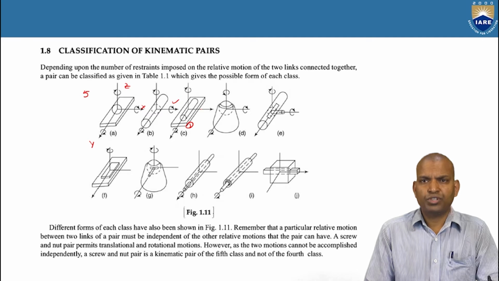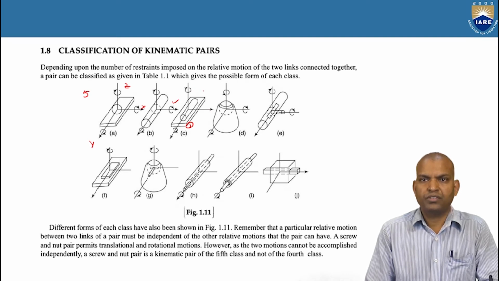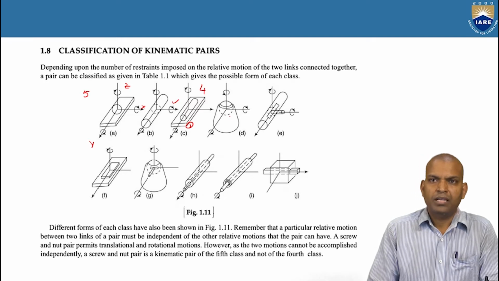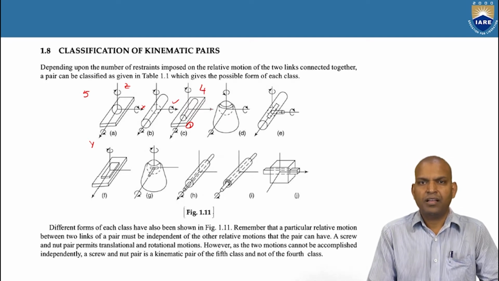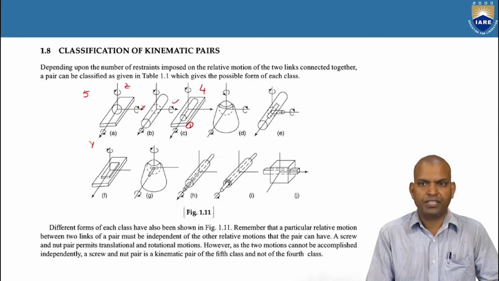There is no translatory motion and no rotation about axis X, and there is no translation along axis Z. So what is the degrees of freedom? 1, 2, 3, 4. This is 4 degrees of freedom. Thus, depending on the number of restraints, we can define the various degrees of freedom of various bodies.